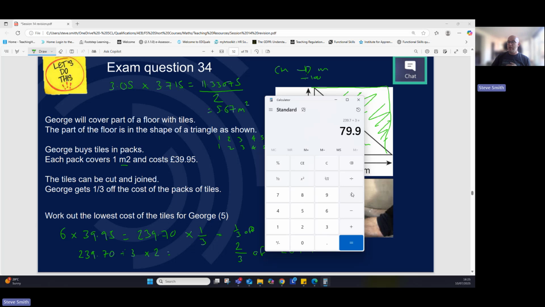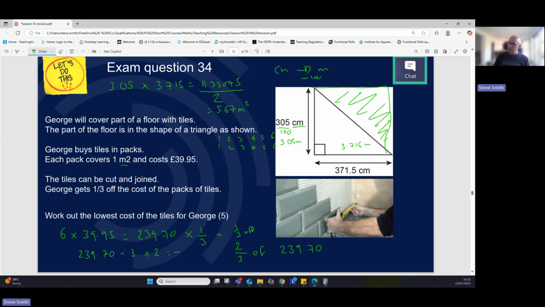And then instead of just taking off £79.90, because that is 1/3, and that's what you could do, we're just going to times that by 2 because we know that's how much we need. When we've got rid of 1/3, we've got 2/3 left. And so 2/3 of that amount is 159.80. So 159.80 is the price, the lowest cost he's going to get.